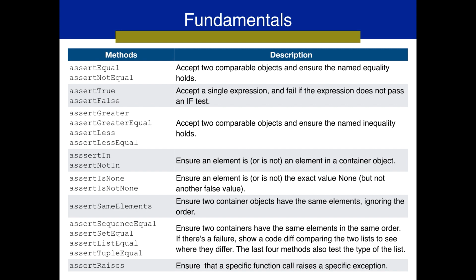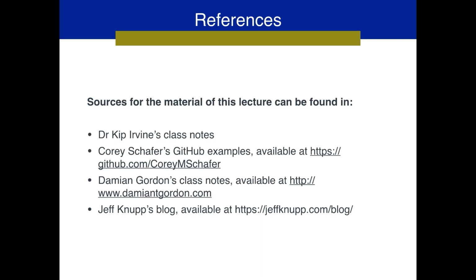Also, if an element is in a container object or not, if an element is None or not, if two elements are the same. Also, equality between sequences, sets, lists, tuples, and also if you raise the right exception on a certain function call, among other assertions. So now let's move to a coding example and see this more clearly.